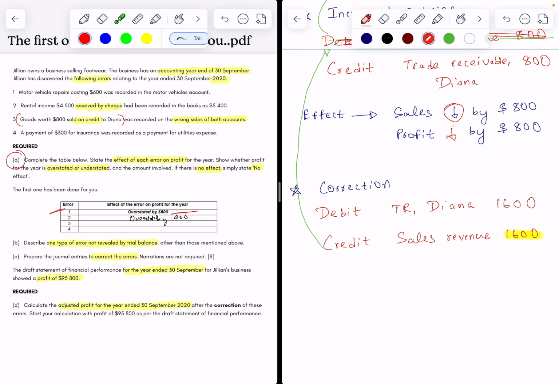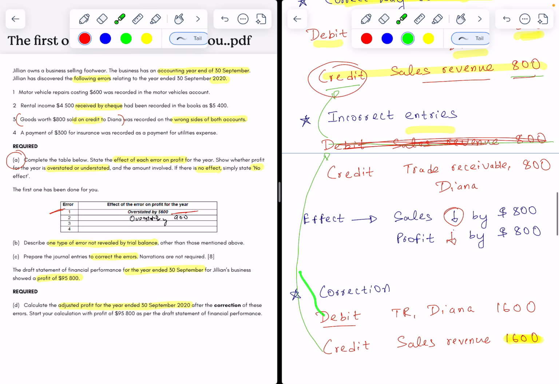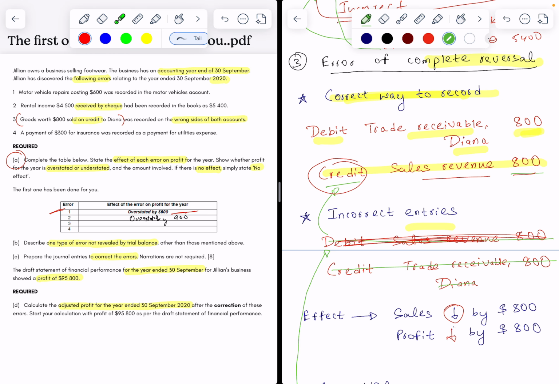And we repeat the same process for Diana. So we debit the trade receivable account for Diana by 1,600. So when we do it by 1,600, we are first offsetting the credit balance of 800 recorded originally in the account of Diana, and after that has been offset, then we are left with a debit balance of 800 in the account for Diana as the final balance that we require.